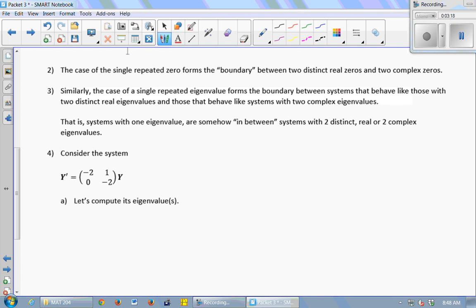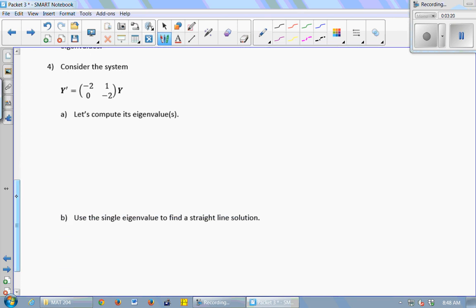All right, so here's a system. I want to compute its eigenvalues. Remember, you compute eigenvalues by taking the determinant of A minus lambda I and setting it equal to 0. This guy is A, and lambda I is just lambda, 0, 0, lambda, subtracted component-wise. So I have negative 2 minus lambda, 1, 0, and negative 2 minus lambda.